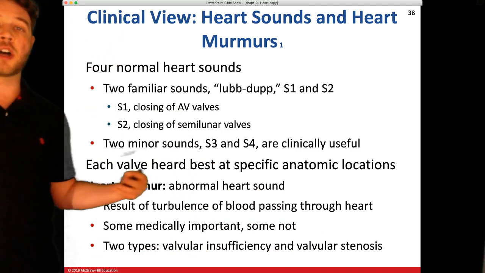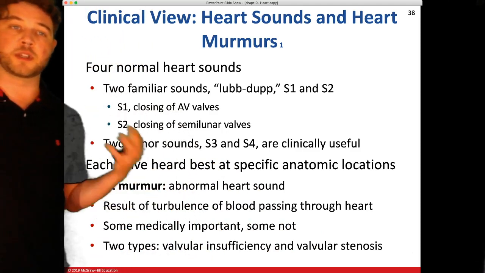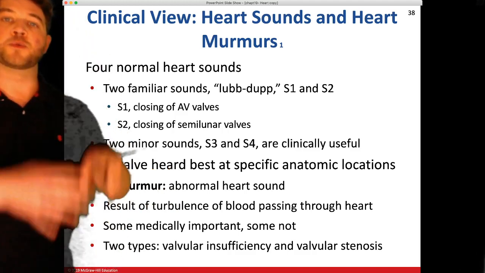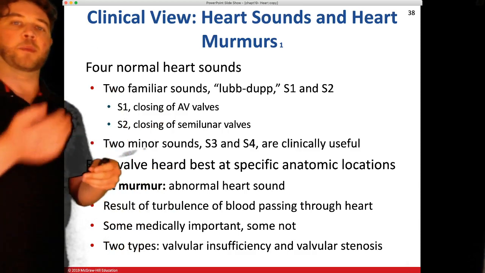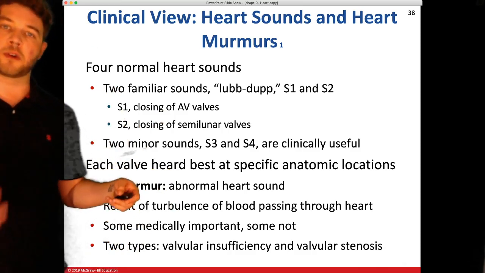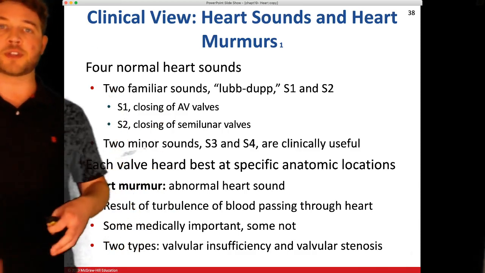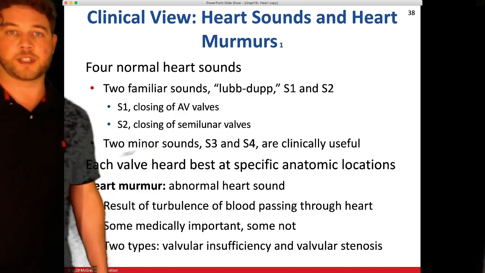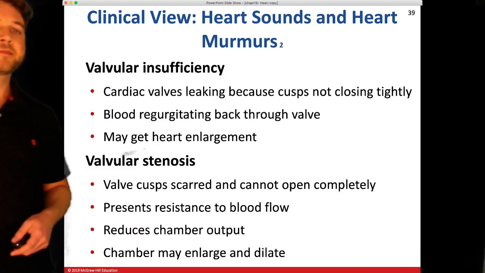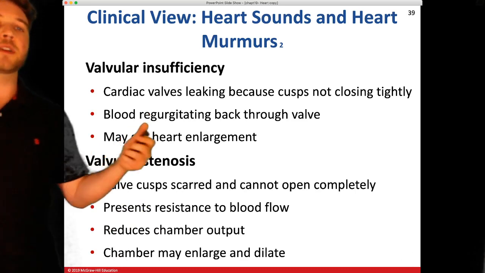That can cause the blood flow to be turbulent, because instead of nice smooth exits and entrances, it's pushing up against things, or it's going through retrograde, maybe from the ventricle back up into the atria if the AV valve isn't closing properly.